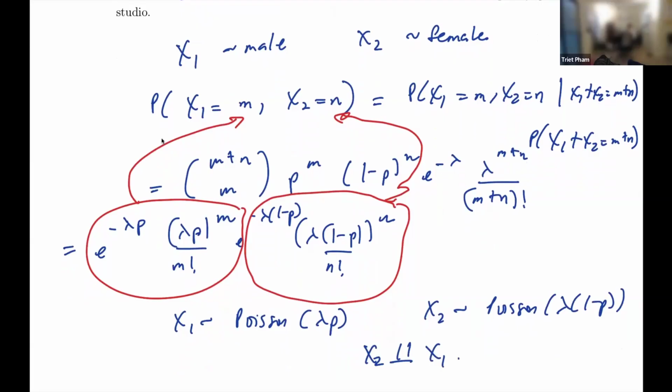So that's Poisson thinning, meaning that if you look at the type of each of the events of the Poisson, then those types also have a Poisson distribution with rate equal to the success rate of that type times the original rate.